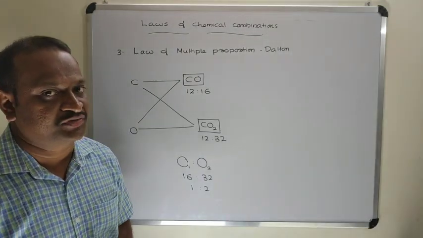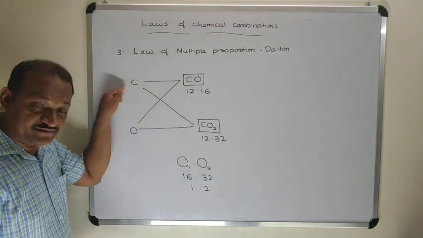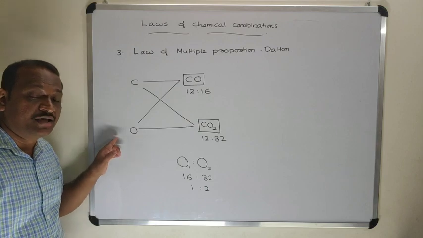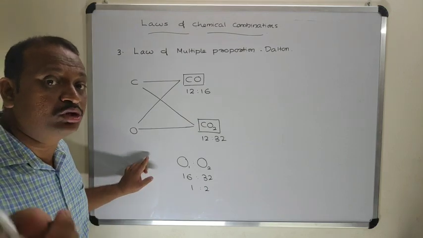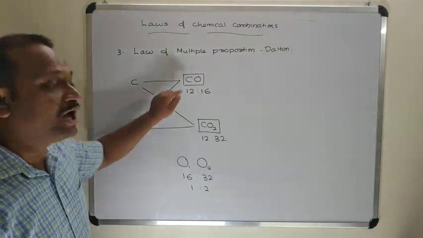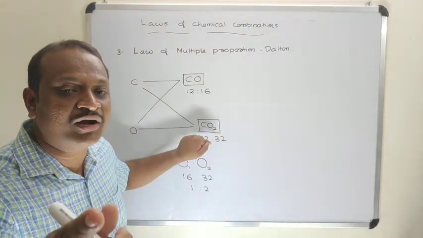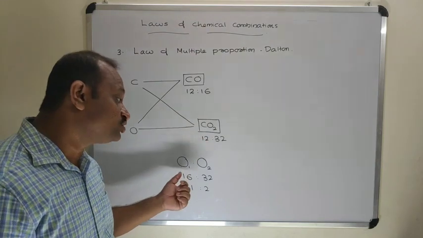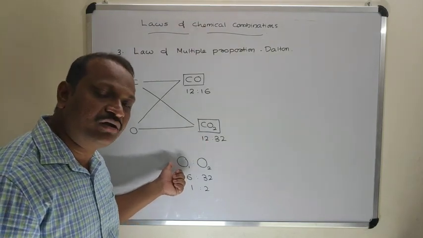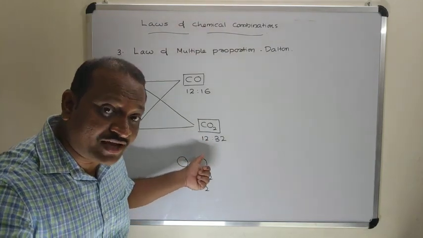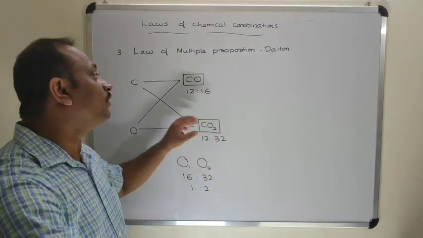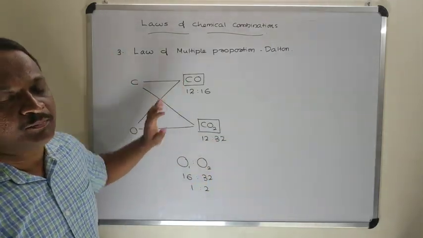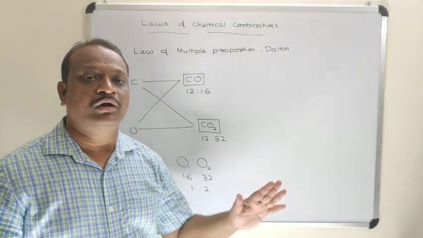Once again, see to that. When two elements, carbon and oxygen, combine to form more than one compound, carbon monoxide and carbon dioxide, then the ratio of weight of the element, oxygen, that combines with fixed weight of another element, carbon, bears a simple whole number ratio.